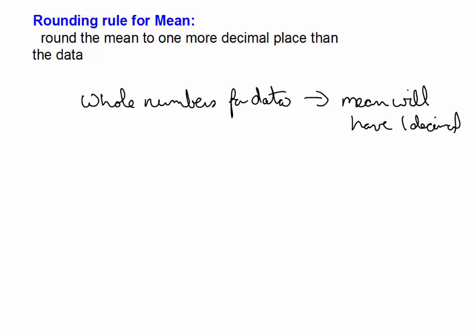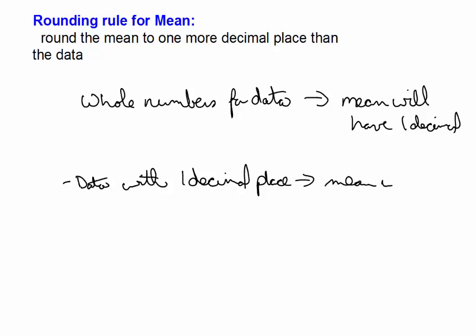If we have the data with 1 decimal place, then the mean will have 2 decimals, and so forth. So in other words, whatever our data is, we want to take the mean to 1 more decimal place than that.